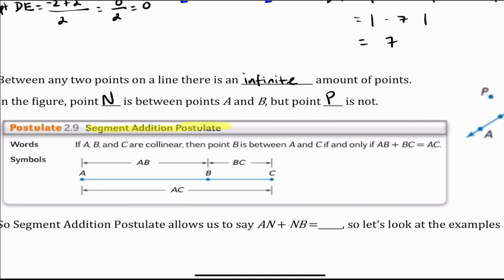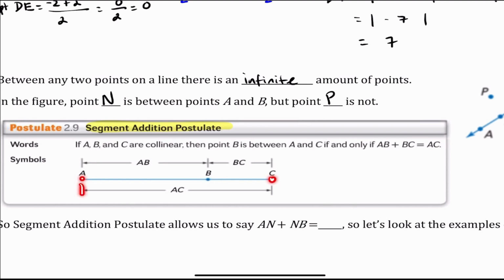The segment addition postulate, which states that if A, B, and C are collinear, then point B is between A and C if and only if the measure of AB plus the measure of BC is equal to the measure of AC. Okay, so this is our segment, right?